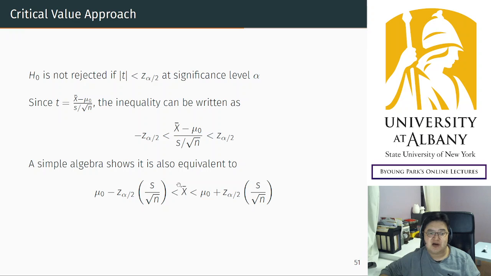So x bar lying between mu 0 plus minus a certain margin is equivalent to this, which is the decision rule. We are going to use this same decision rule for the critical value approach. Naturally, this part is the margin. The margin depends on z alpha over 2, the standard deviation, and the sample size.